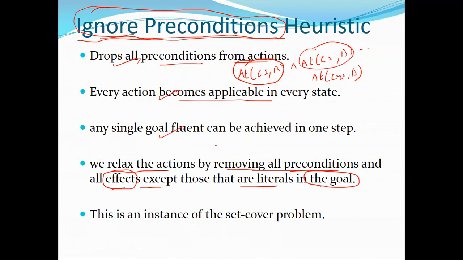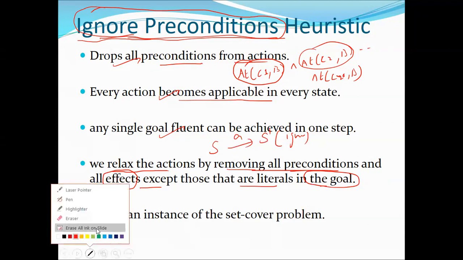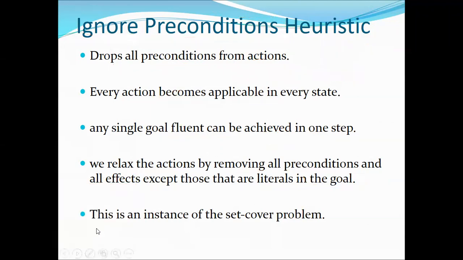When you apply an action, currently you are in one state, and obviously we will move to a new state, but in the new state, whatever changes happen we ignore, and we keep only those literals which are in the goal state. So this is what it means. By doing it like this also you can identify a good heuristic.